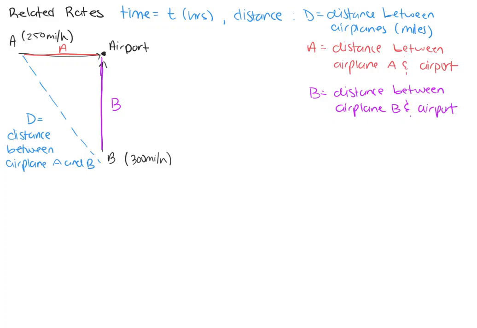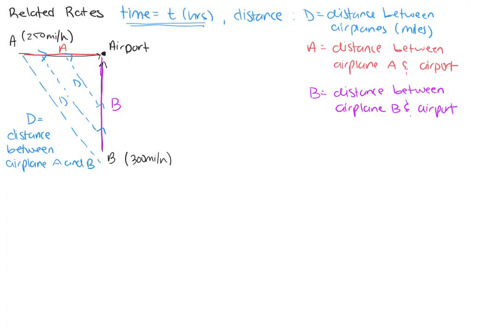And this is all with respect to time, so we know that as time goes on, and the airplanes are moving closer and closer to the airport, this distance is going to get smaller and smaller. So the distance is decreasing as the airplanes are approaching the airport. We've got a couple of other variables as well.